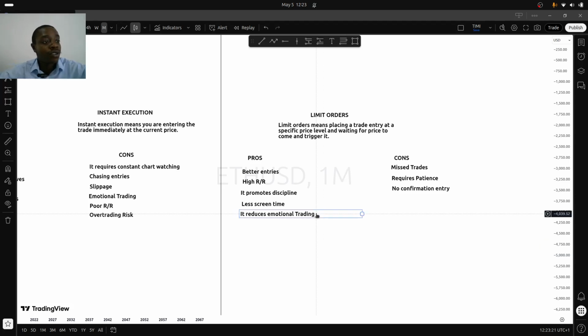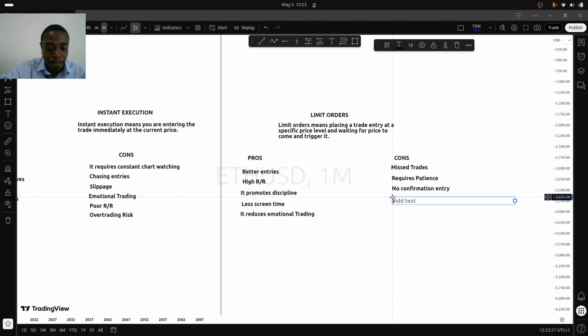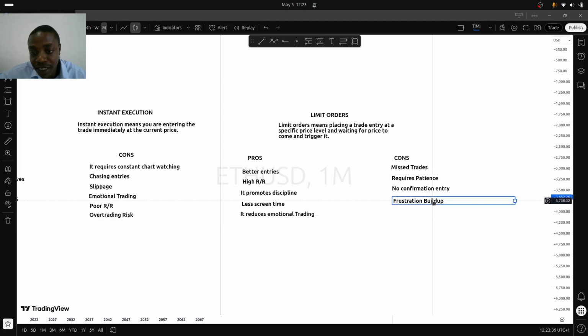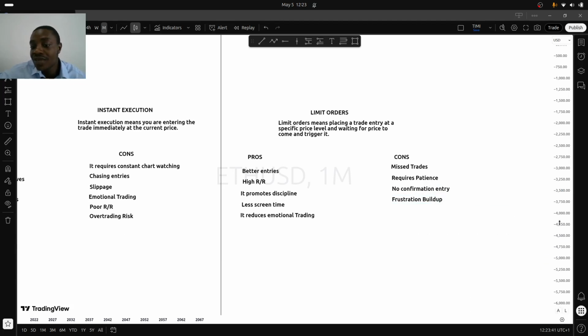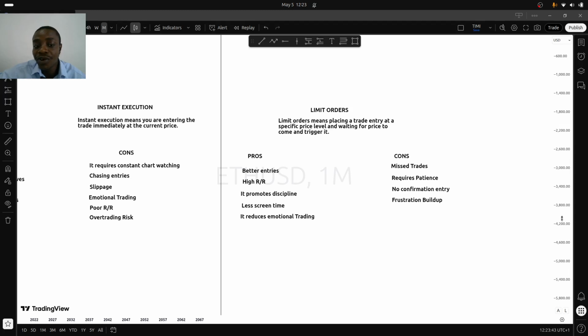Another con of limit orders is frustration build up. By frustration build up, imagine price comes to your entry and taps on your MT5 but does not activate. Let's assume that happens to two, three or four of your trades. You start feeling left out.